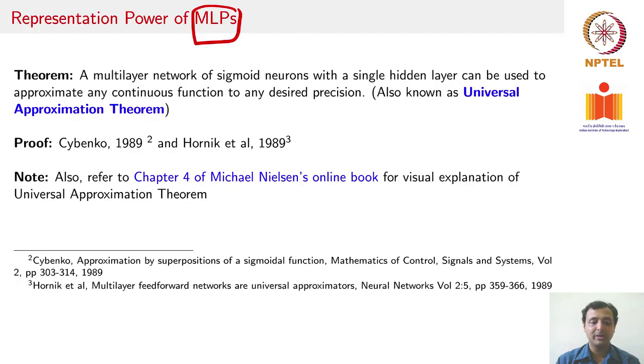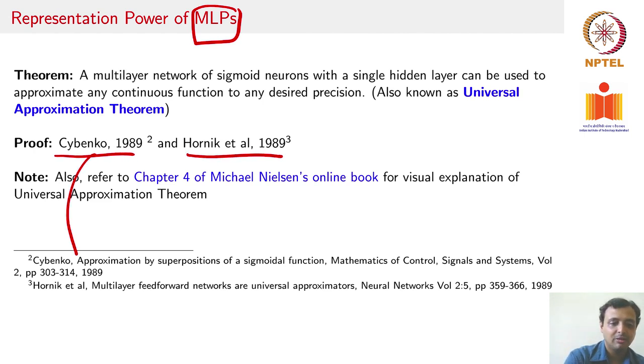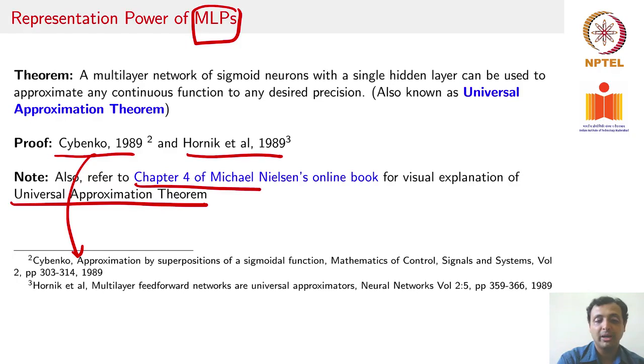We are not going to formally prove it here. If you are interested, these papers cited here are good pointers to the proof. There's also a very nice visual explanation of the universal approximation theorem in chapter 4 of Michael Nielsen's online book on neural networks and deep learning.